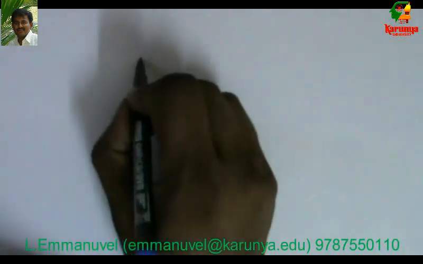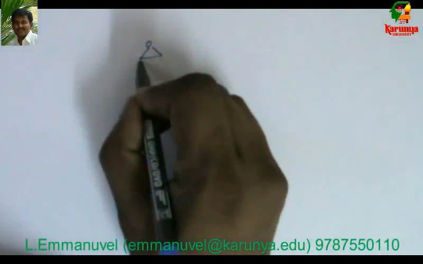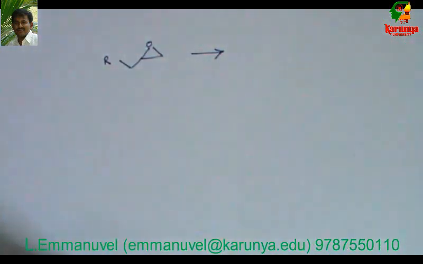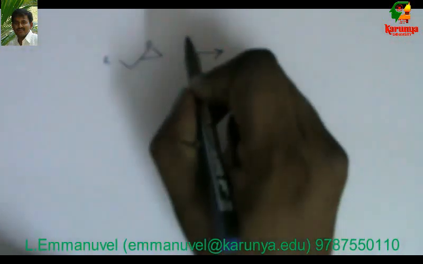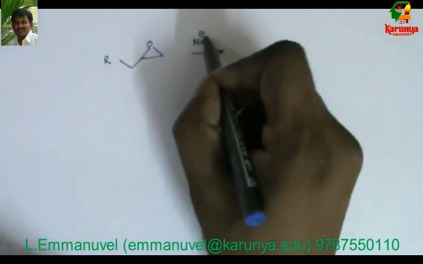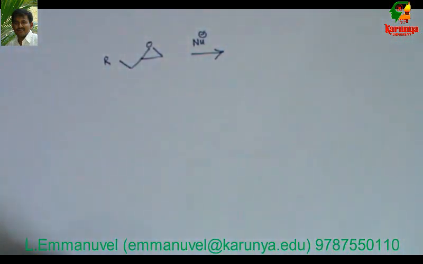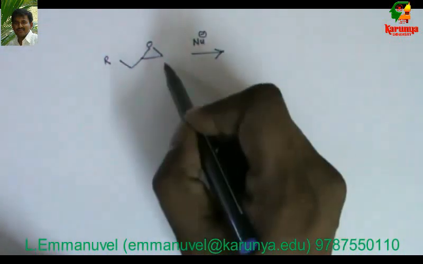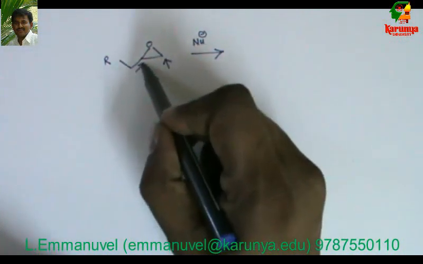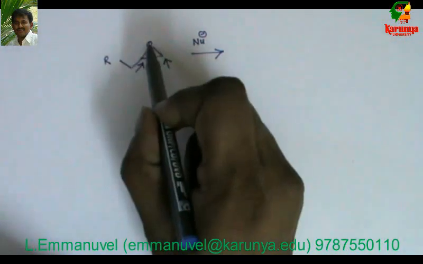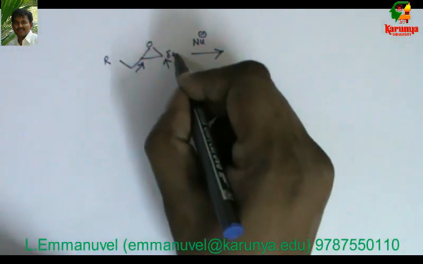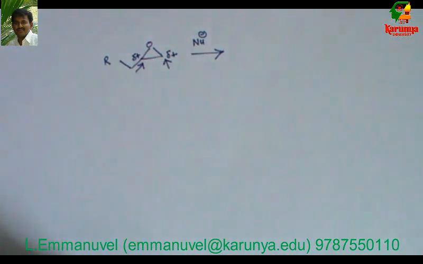If I go for an epoxide like this, the earlier one was symmetrical, but this one is not symmetrical. If I add a nucleophile with a minus charge, whether it will attack this carbon or this carbon. Because of this oxygen atom, there is del plus on this as well as this, which will be attacked by the nucleophile.